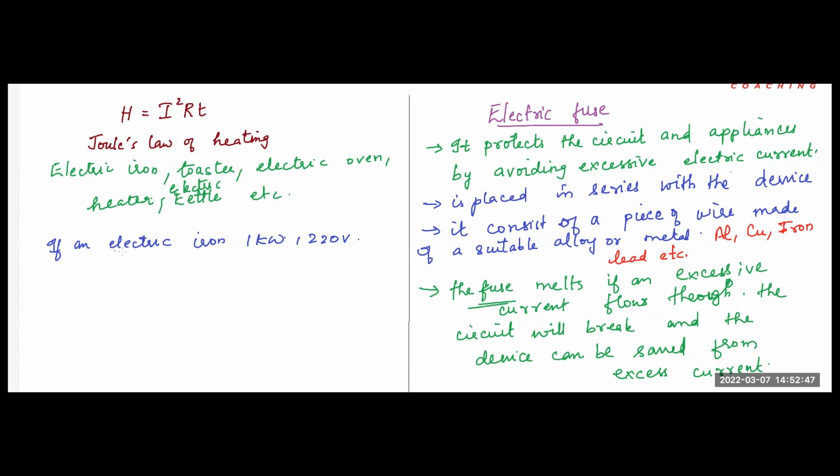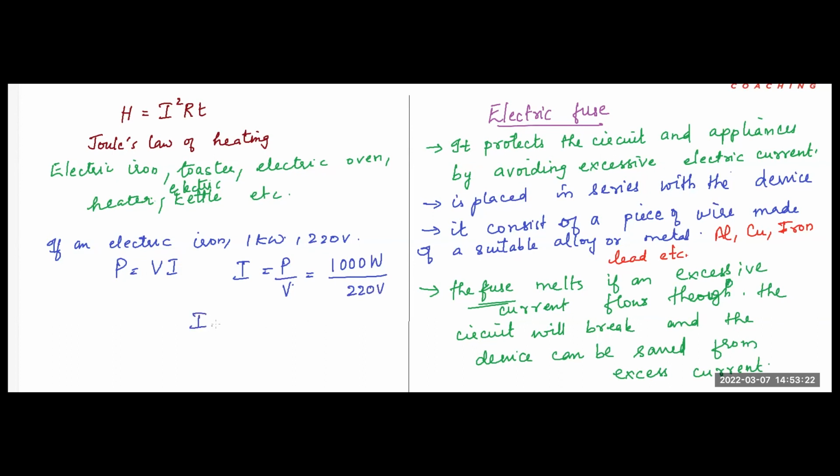We know that P is equal to V into I, so we can find the current flowing through the electric iron. I is equal to P by V. The power is 1 kilowatt or 1000 watt divided by 220 volt.